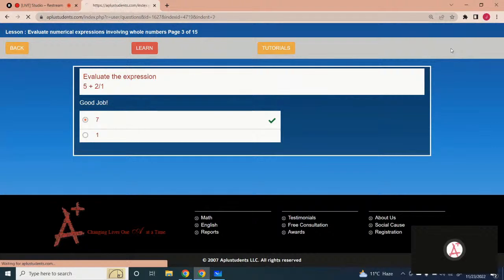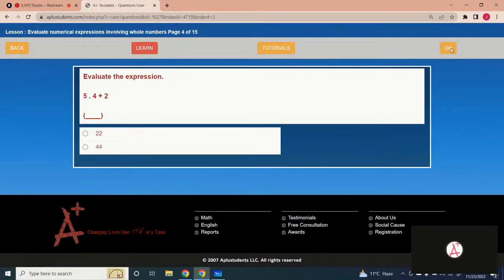Okay, the next one is 5 times 4 plus 2. So first you have to do multiplication or addition. So which is the correct option? Just select. Just tell me the answer. Which of them is the correct answer?